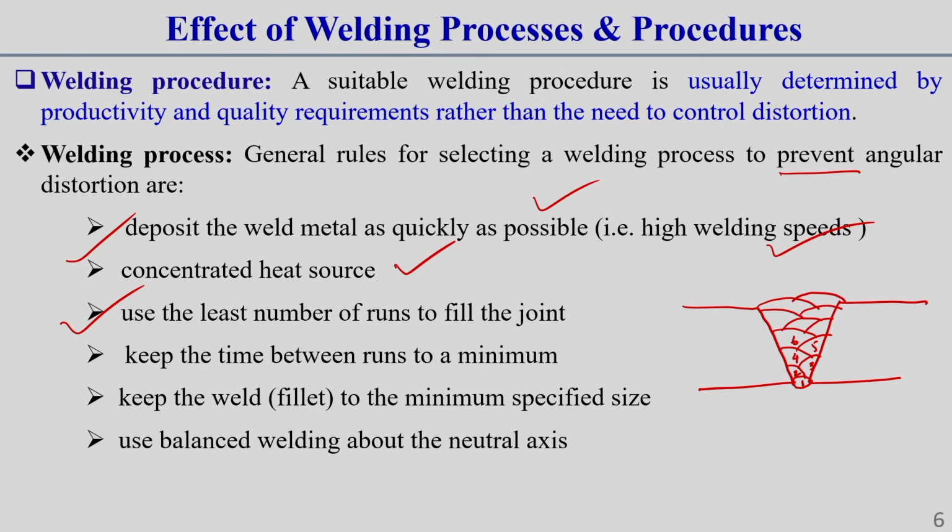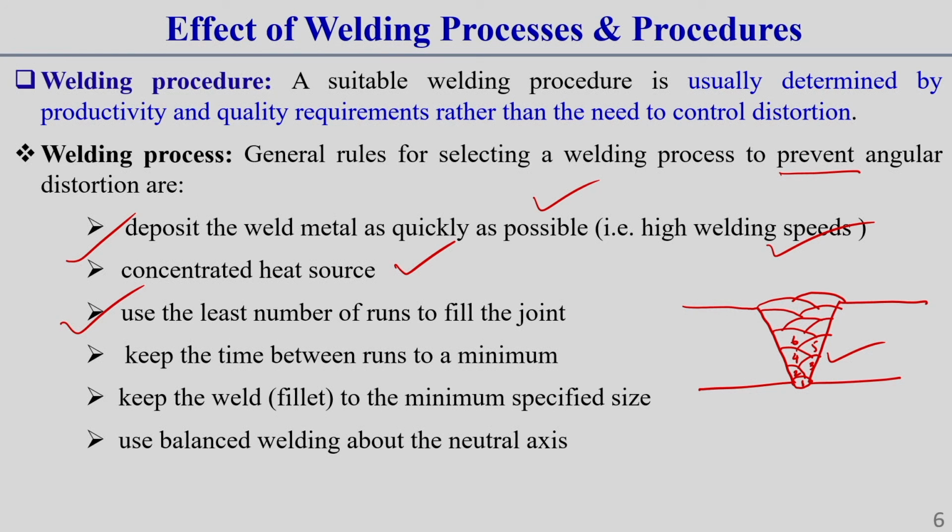But if you use fewer runs for this thick section, say instead of 10 runs, if you can reduce it to 5 or 4 runs by using a larger diameter electrode, or an optimum diameter electrode, then what happens?